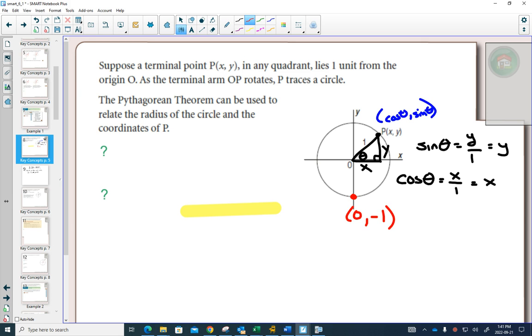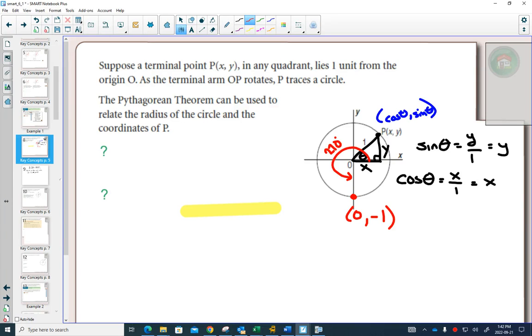Coordinates on the unit circle can also be cos of theta, sine of theta. If I went all the way to here, then my angle is 270 degrees. So now, without your calculator, what is sine of 270 degrees? The big idea says sine is your y-coordinate. It's -1. Try it on your calculator. Sine of 270 degrees will come out -1.